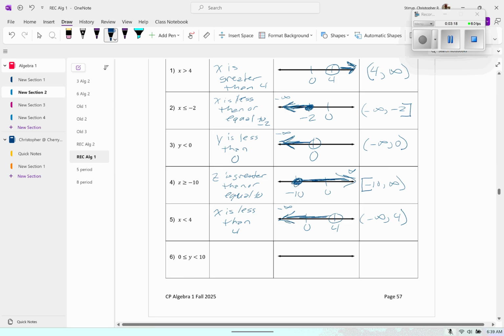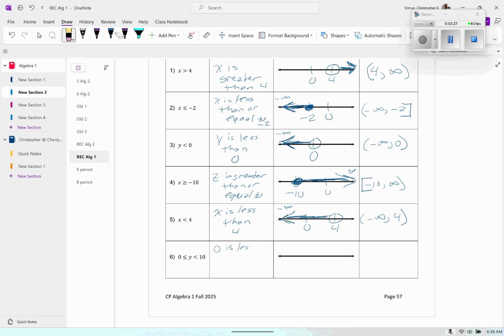And this one's a little trickier. So 0 is less than y, less than 10. You want to split this up a little bit before you do anything. Break it into two things. So I'm going to get this, which I'm going to flip over, and then I have this. So y is greater than or equal to 0 and less than 10.